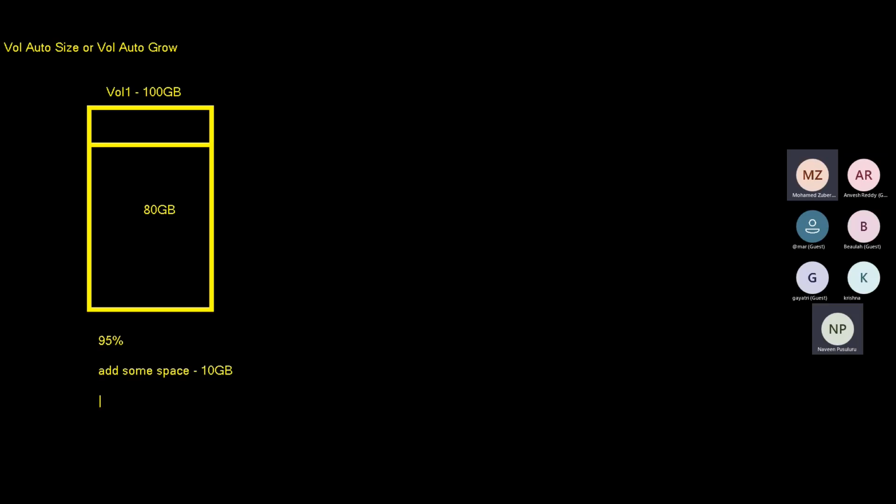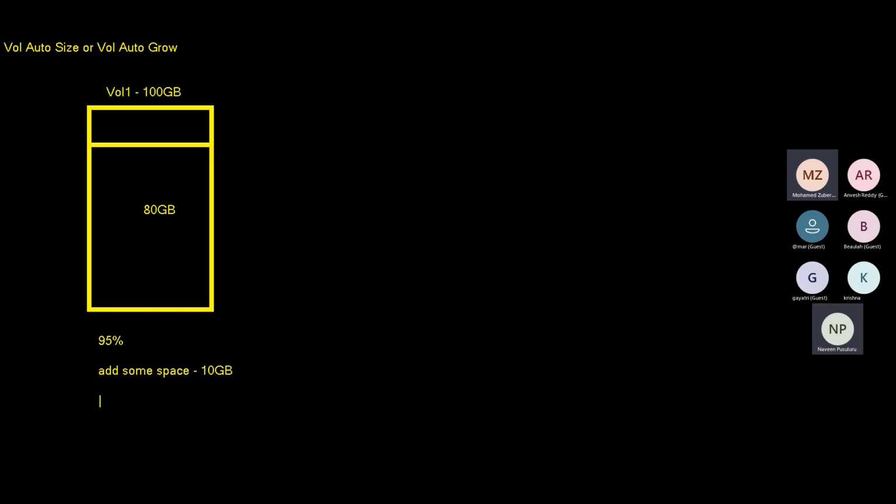But if you don't set any limit, it will keep on adding and it might impact my aggregate space, right? And it will impact the remaining volumes on top of that aggregate, which will be a very big impact. Now you are trying to avoid impact on one volume, which causes a big impact on the remaining volumes as well.